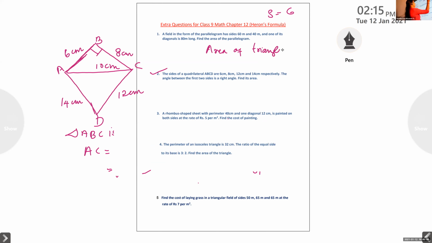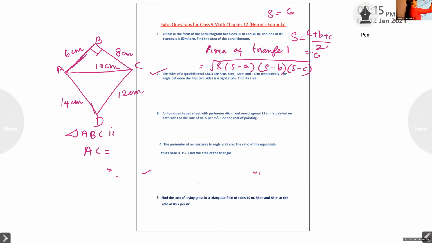Any triangle equal to root of s into s minus a into s minus b into s minus c. A plus b plus c by 2 is s equal to 6 plus 8 plus 10 by 2 equal to 24 by 2 equal to 12.